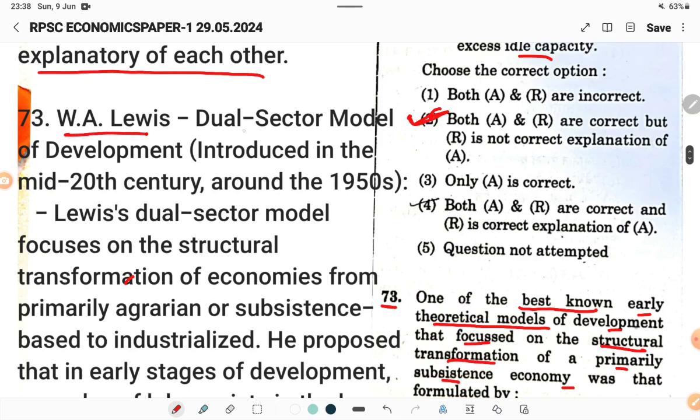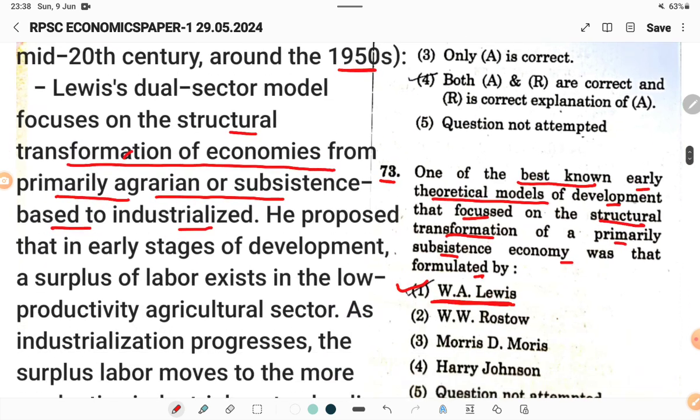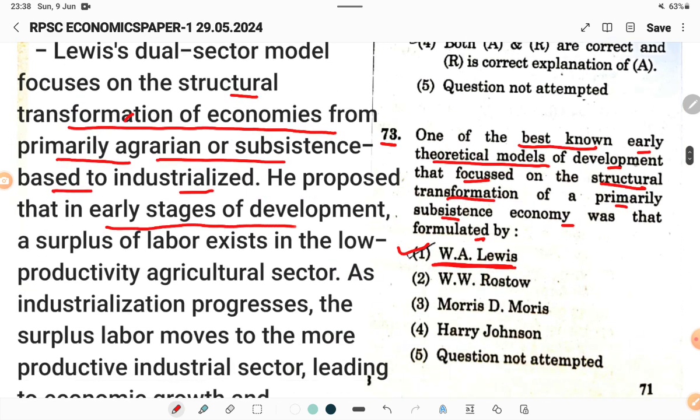W.A. Lewis's dual sector model of development was introduced in the mid 20th century, around the 1950s. Lewis's dual sector model focuses on the structural transformation of economies from primarily agrarian or subsistence based to industrialized. He proposed that in early stages of development a surplus of labor exists in the low productivity agricultural sector.